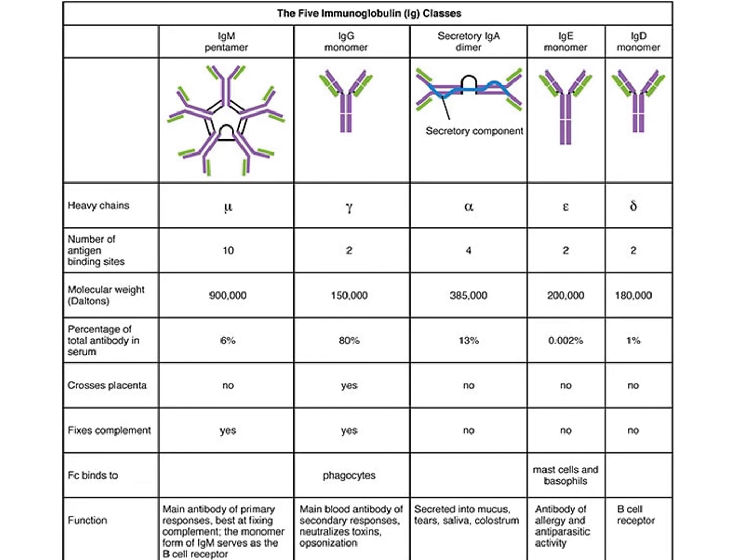So you have the names up here: IgM, IgG, IgA, IgE, and IgD. It tells you their number of binding sites, also the percentage in the serum, and of course IgG is the most common in the serum. And it tells you if it can cross into tissues like the placenta, and it also gives you their basic function.